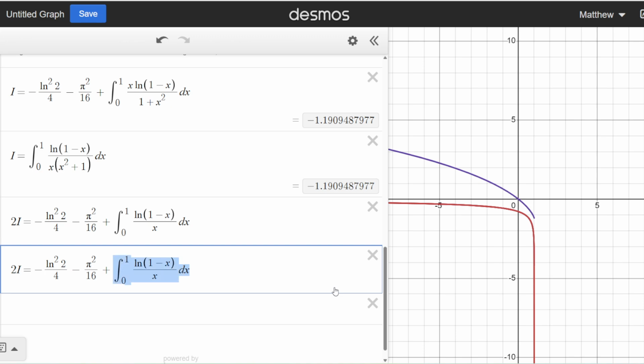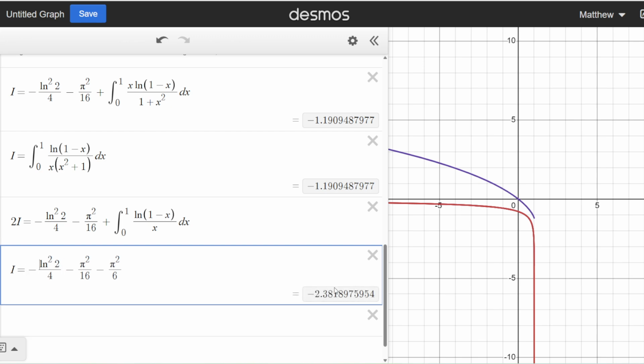2I is equal to this plus or minus pi squared over 6. Dividing both sides by 2, we get this. This becomes a 32. This becomes a 12. Yeah, that's it. So that's the answer. Let's clean it up a little bit. This can be expressed as, I believe, 3 over 96.